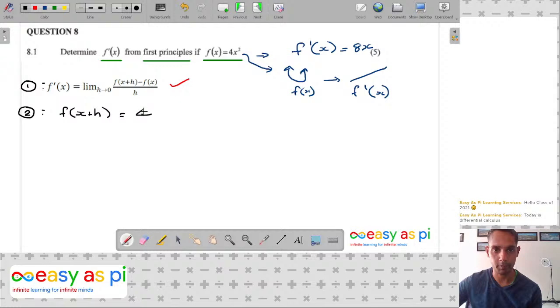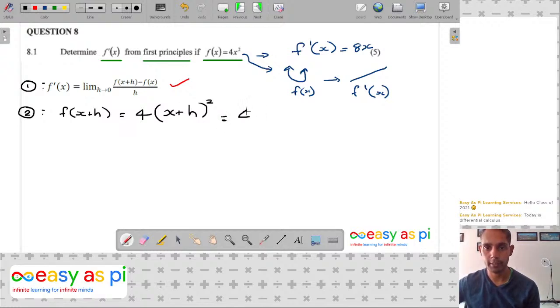So this is the same as 4 into x plus h squared. And of course, I can expand this in the brackets using either FOIL or something known as SMS. Okay, you can use either one. I use SMS because it's quicker, right?